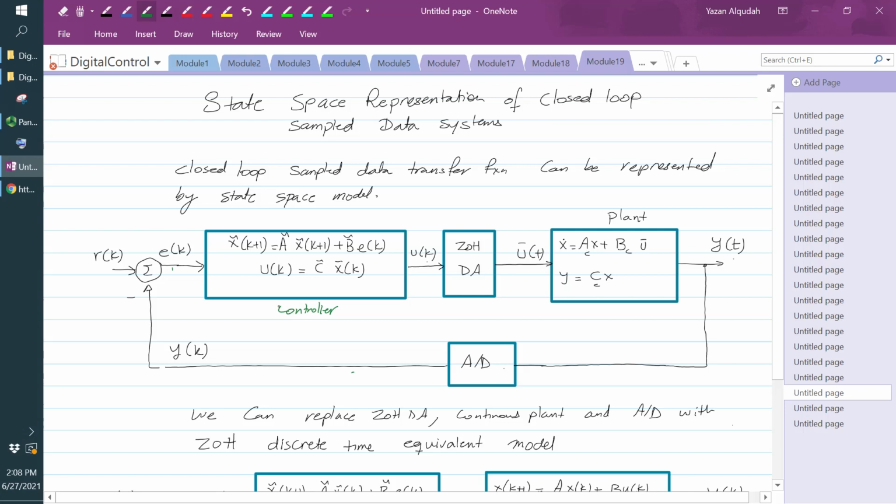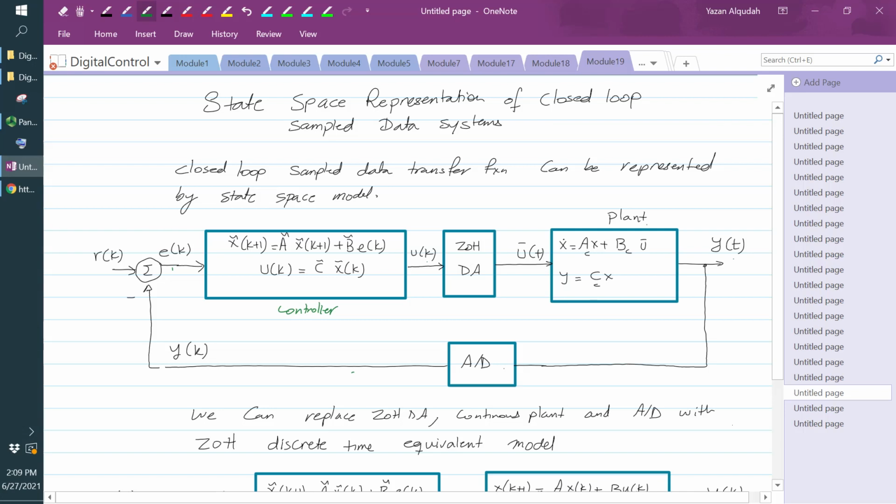So we have some states that are coming from the controller. I'm going to take the output, and the output is going to be called U of k. And U of k is going to be applied to the plant.